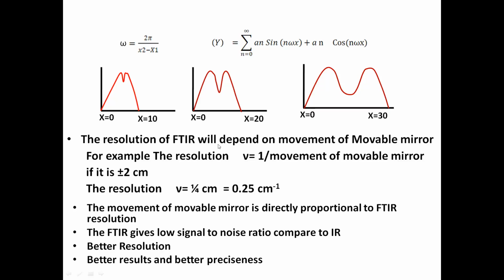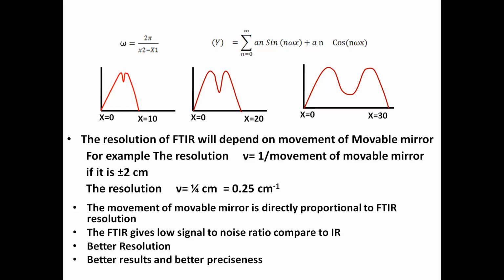The resolution of FTIR will depend on something. What kind of resolution will you get? How is this resolution decided? The resolution of FTIR depends on the movement of the movable mirror. For example, the resolution nu is 1 upon the movement of the movable mirror.